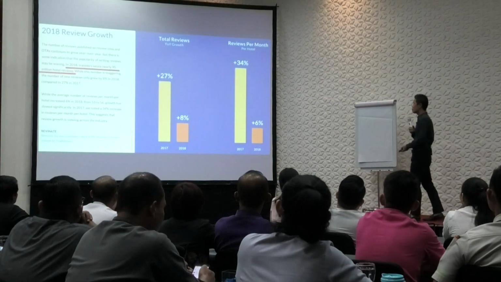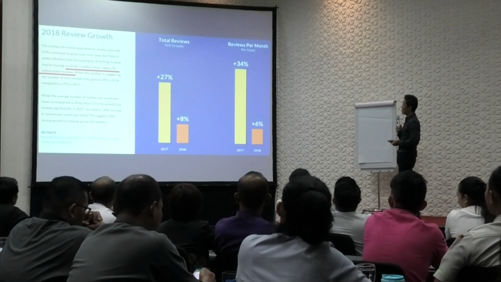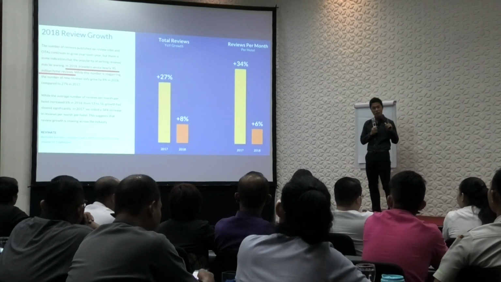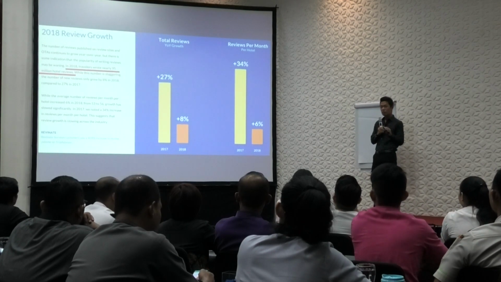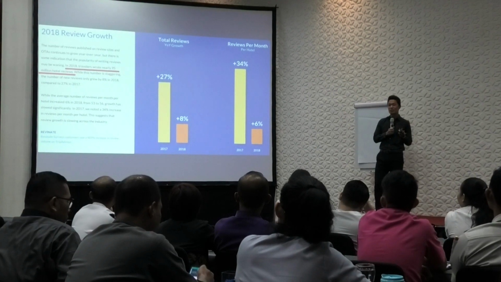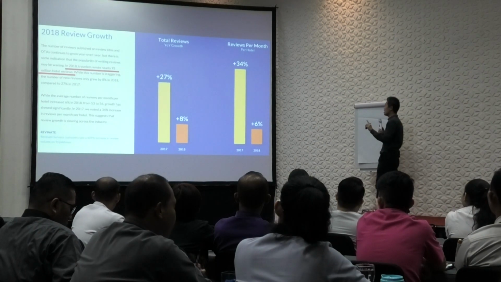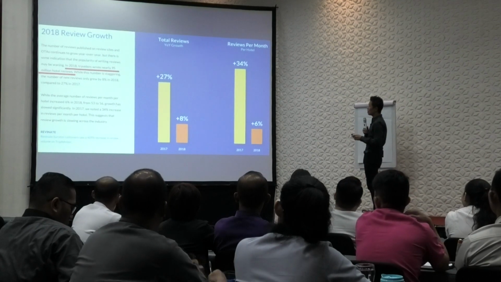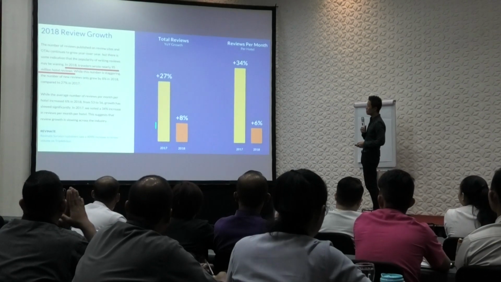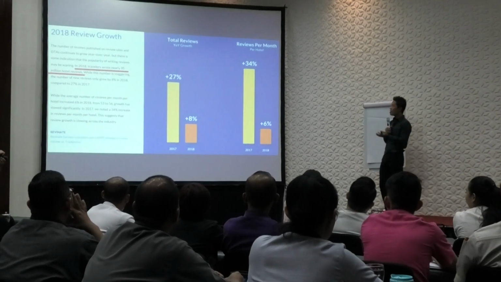Now, last year in 2018, travelers wrote nearly 95 million hotel reviews. Only from 1 year, travelers wrote reviews about hotels, 95 million. It's amazing, right? And you can see that the number of reviews keeps increasing. Compared to 2016, 2017 saw a 27% increase, and 2018 an 8% increase.